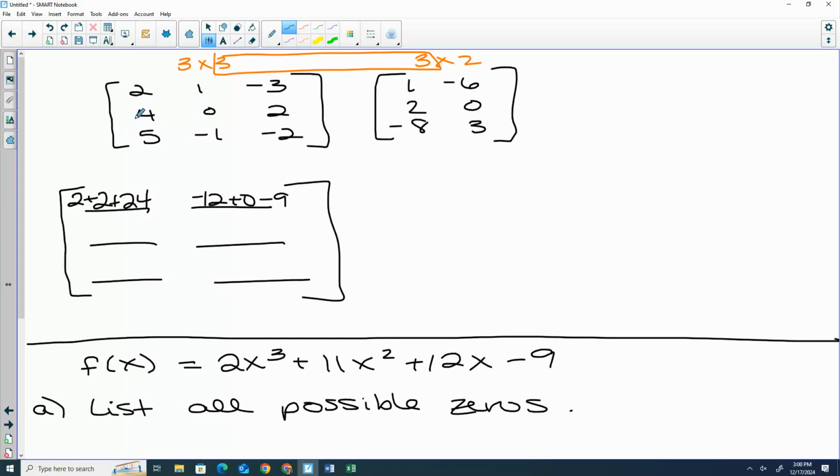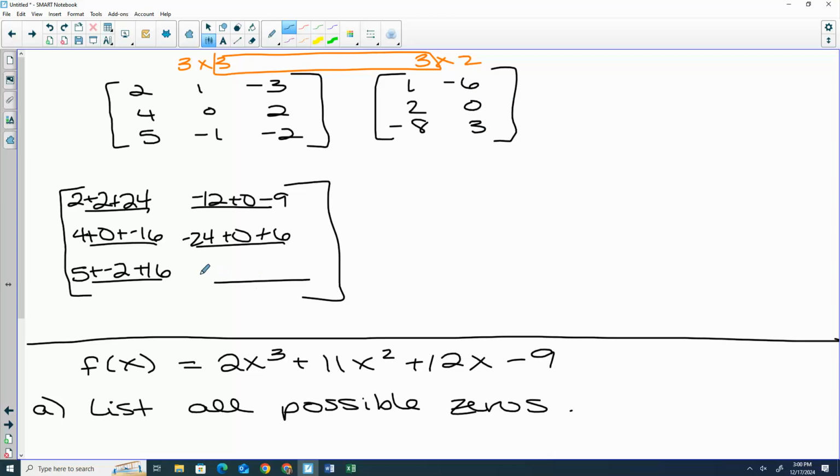Now I'm doing the second row. So second row, first column. So 4 times 1, 0 times 2, 2 times negative 8. Second row, second column. So 4 times negative 6, 0 times 0, 2 times 3. Then third row, first column. So if we get 5 plus negative 2 plus 16.